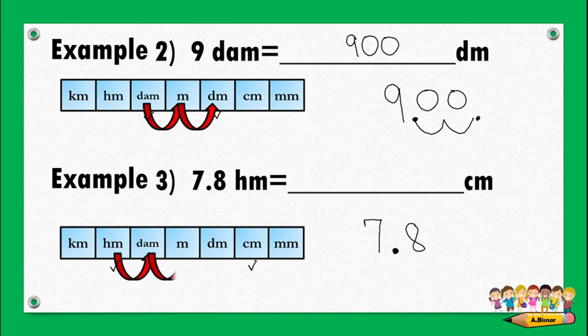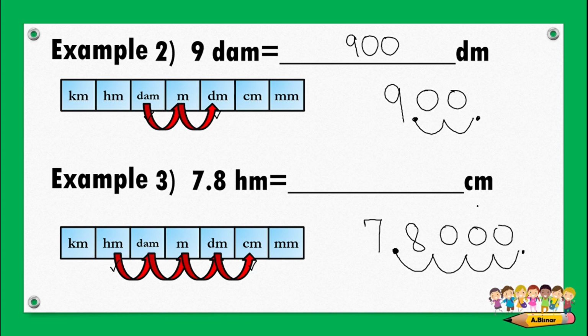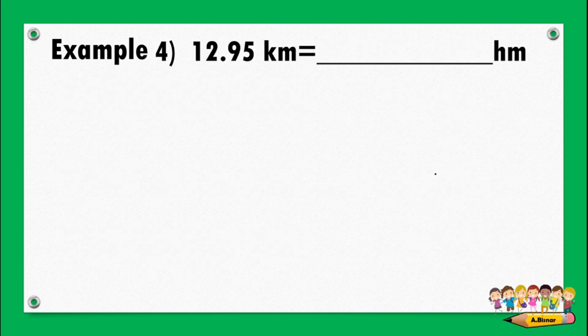So 1, 2, 3, 4. 4 steps to the right. So this will also have 4 steps. 1, 2, 3, 4. Which means we will add 3 zeros. And if we rewrite our answer, 7.8 hectometers is equivalent to 78,000 centimeters.